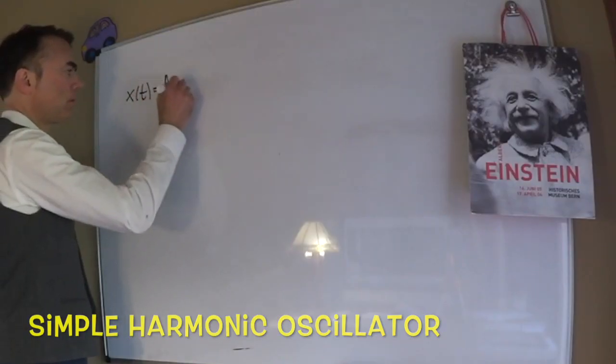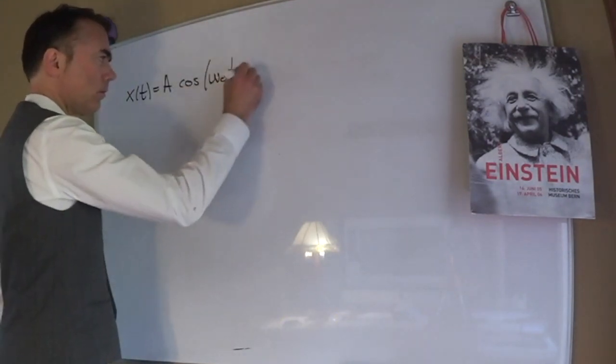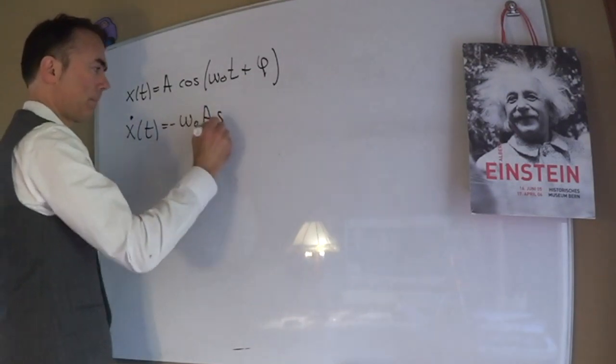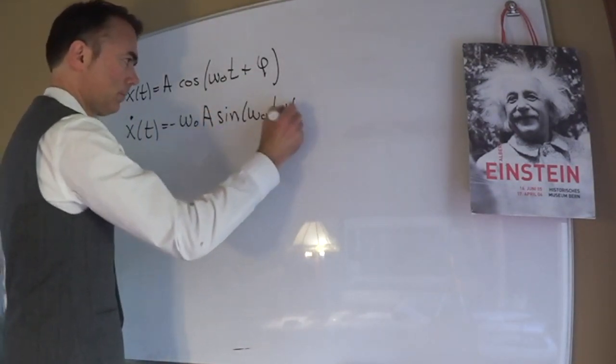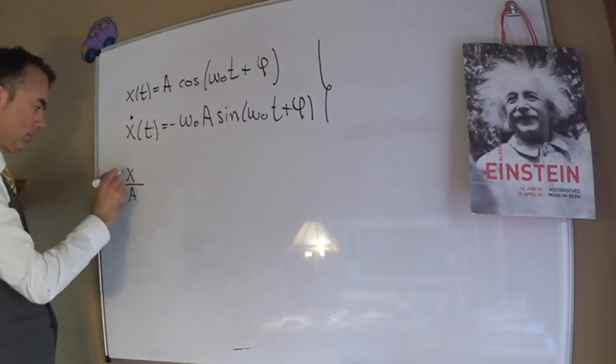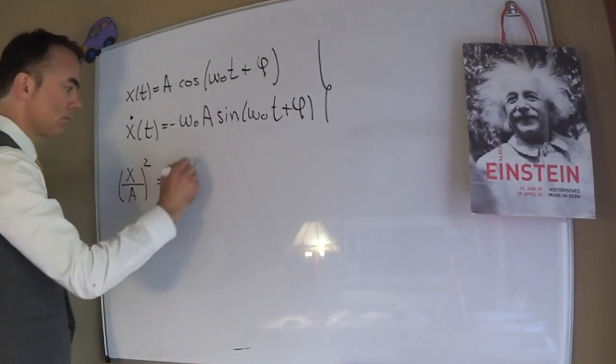Let me write the equation for the position and for the velocity. We can square both expressions and solve for time.